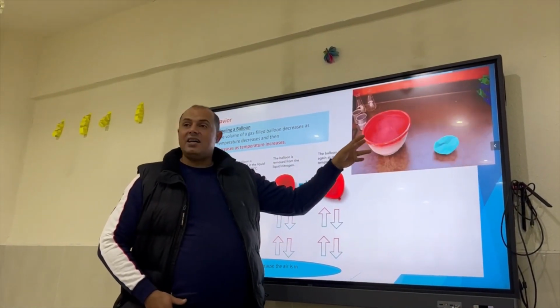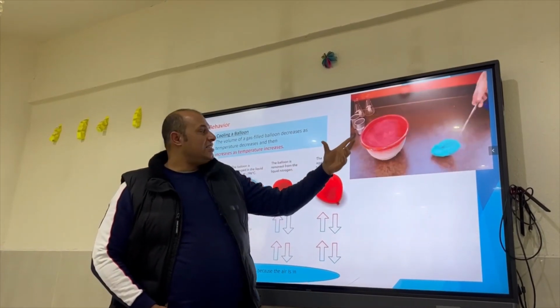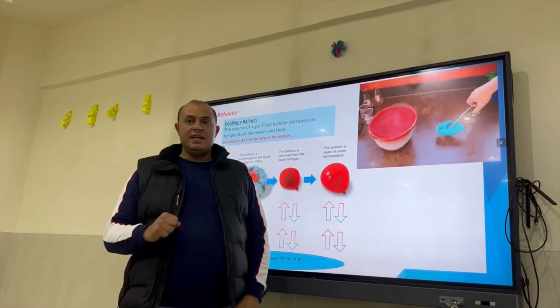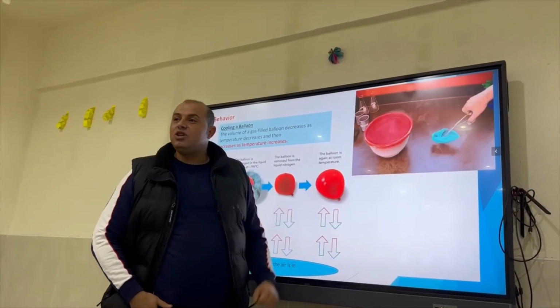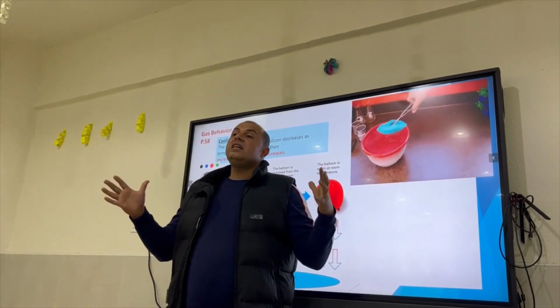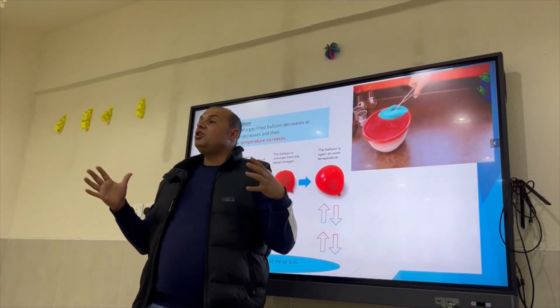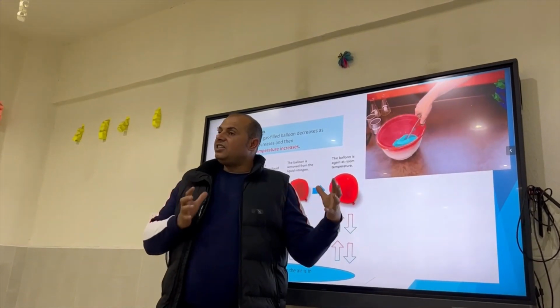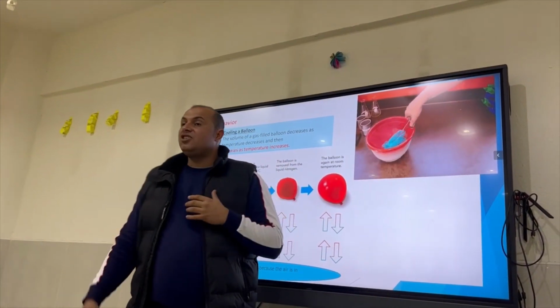When you put it in ice, the temperature of the gas inside the balloon decreases, and for this reason its volume also decreases. So this is the relationship between temperature and the volume of the gas, which is directly proportional, or we call it Charles law.